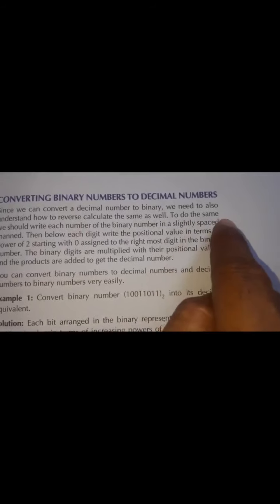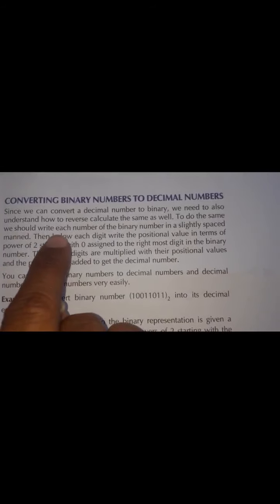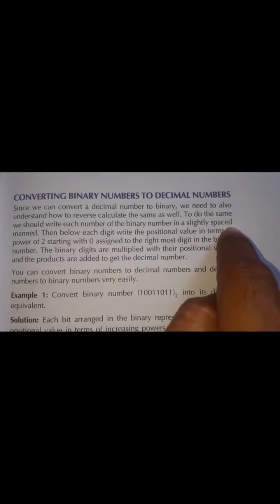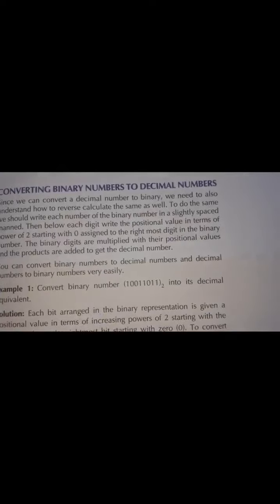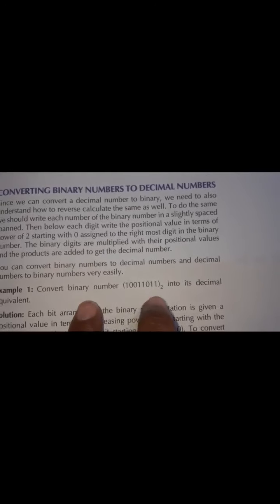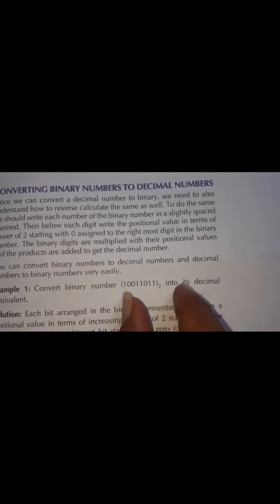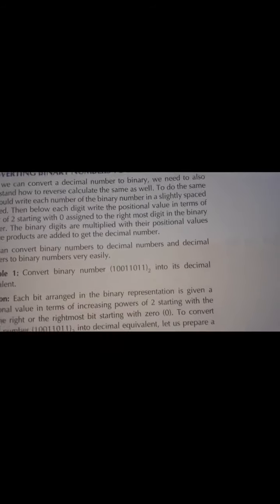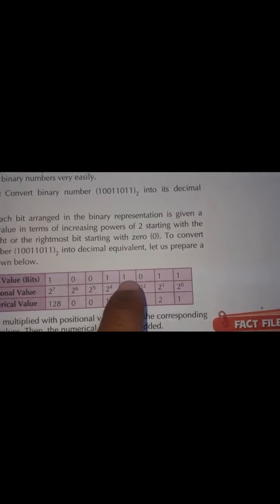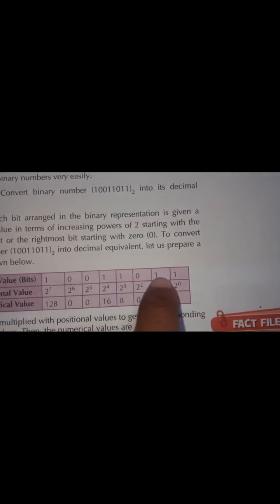To do so, we should write each digit of the binary number in a slightly spaced manner, which means we have to give space between the digits.